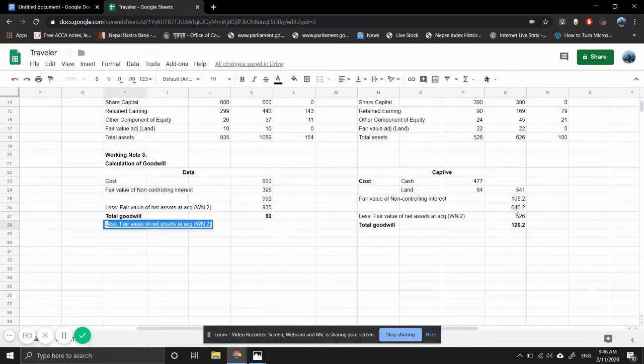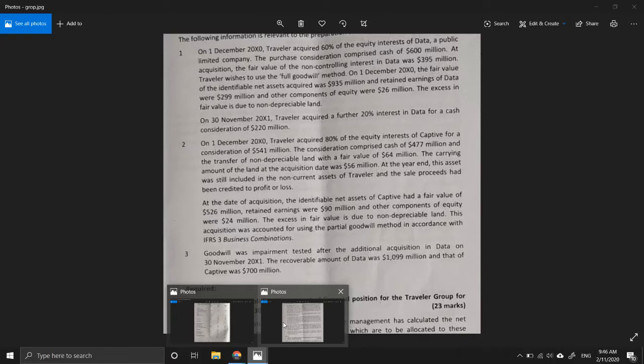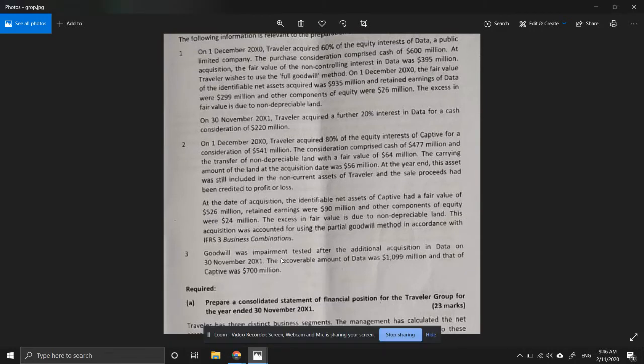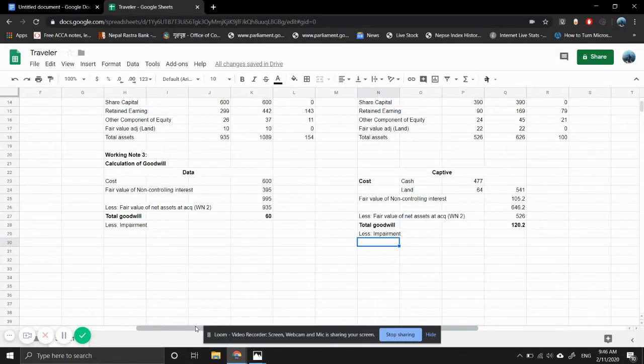And then less impairment. Same thing over here as well. Impairment, we don't know the impairment, so we need to find out. Goodwill had been impairment tested for the year on this date. The recoverable amount was this much, and then for Captive it was this much, right? So okay, so impairment test.